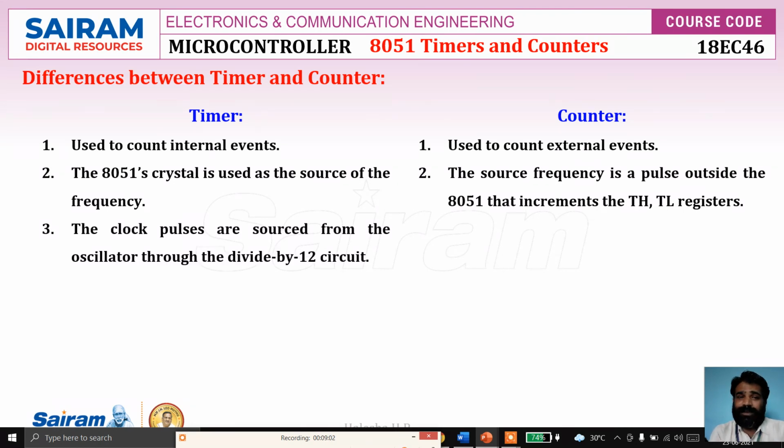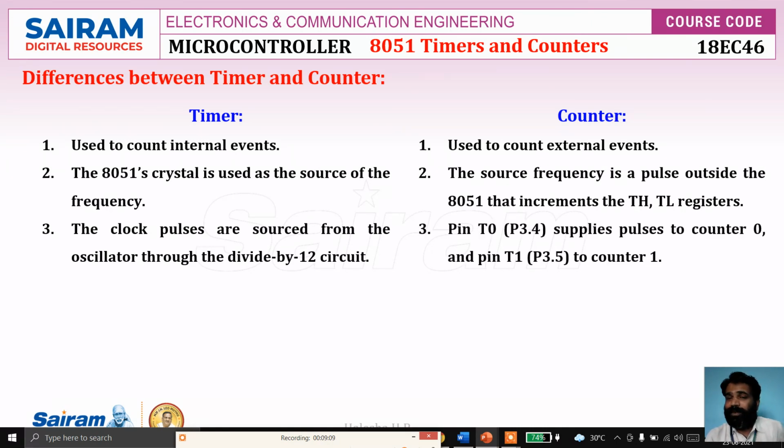For the timer, clock pulses are sourced from the oscillator through a divide by 12 circuit. For the counter, clock pulses are sourced from pin T0, that is P3.4, which supplies pulses to counter 0, and pin T1, that means P3.5, which supplies pulses to counter 1.